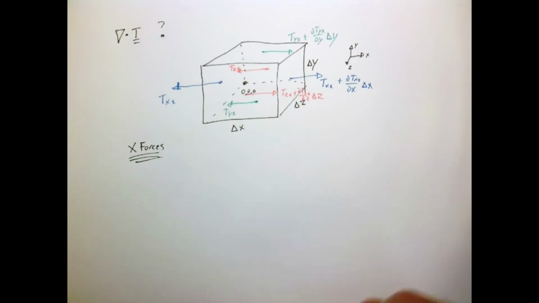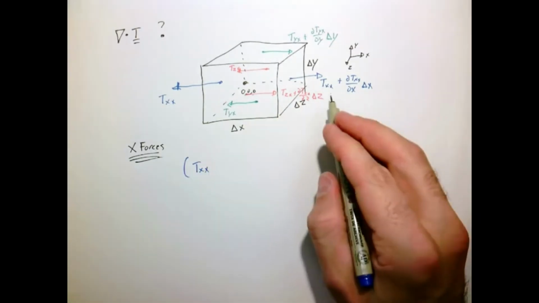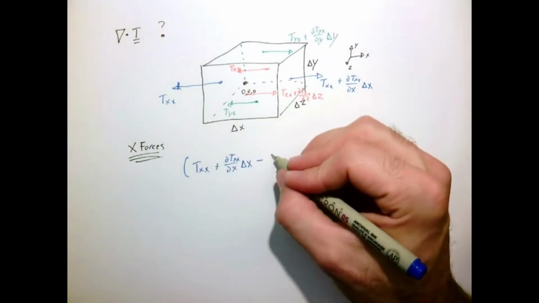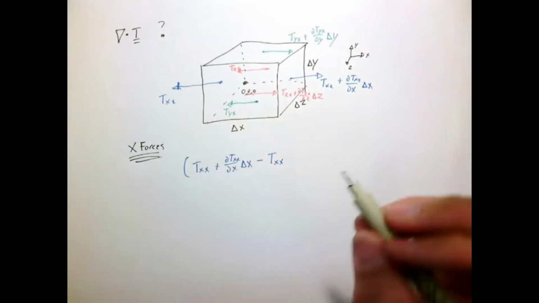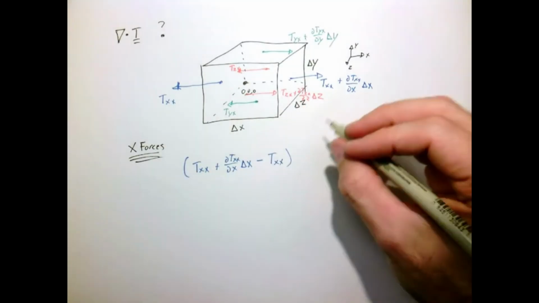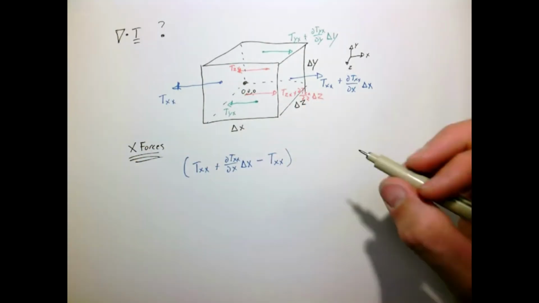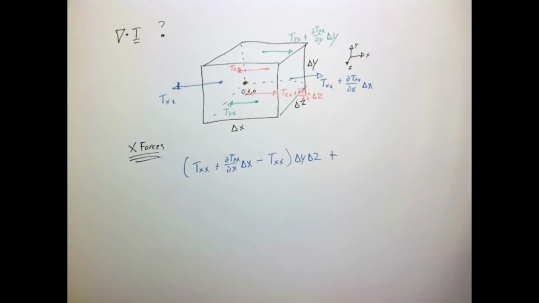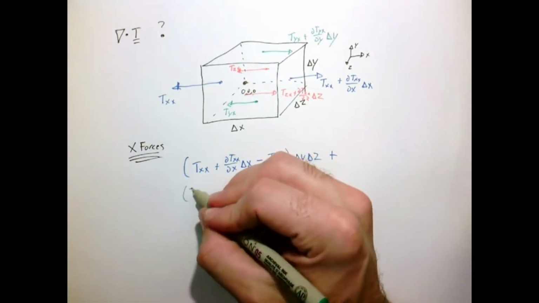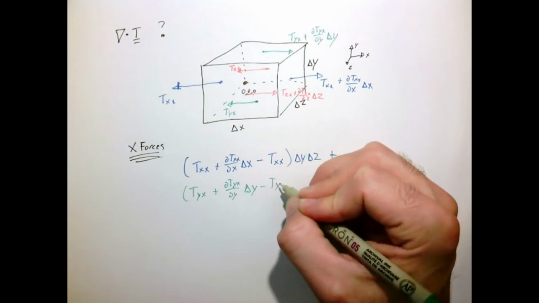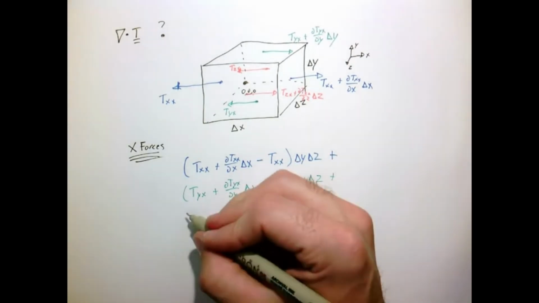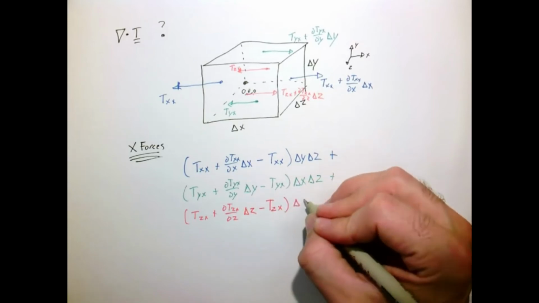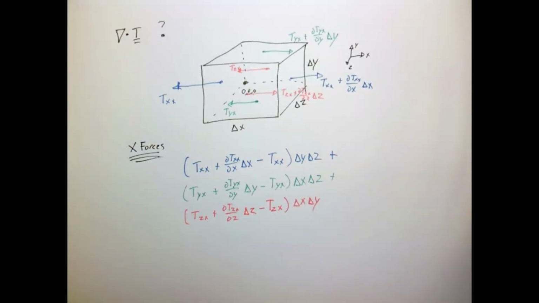Let's sum the forces. We'll start with the blue ones. We have Txx plus the small change from here to there, minus the force that's pointing backwards. And these Txx are stresses, so in order to get forces, I have to multiply by delta y and delta z. Now let's add the other ones in. So there is the sum of the forces.